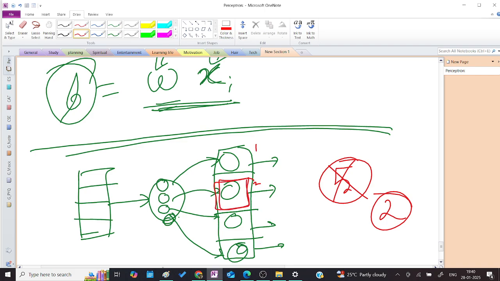But the real value is three. So what will happen? The parameters of this perceptron will remain fixed, the same as previous.